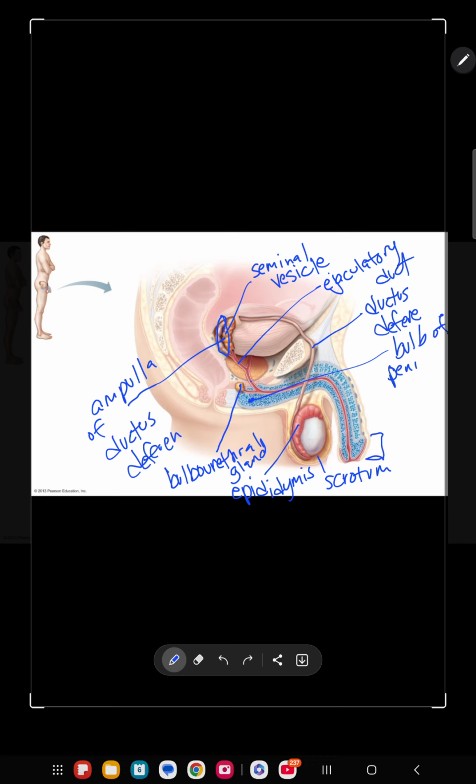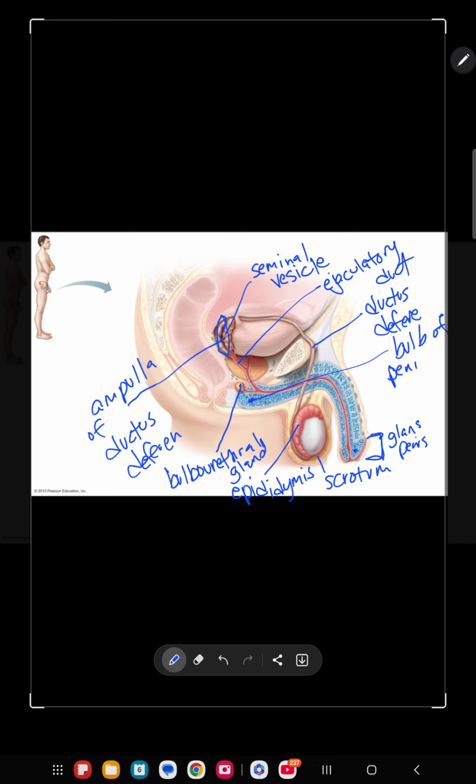This entire area right here is the glans penis. And then this is the prepuce, the foreskin.